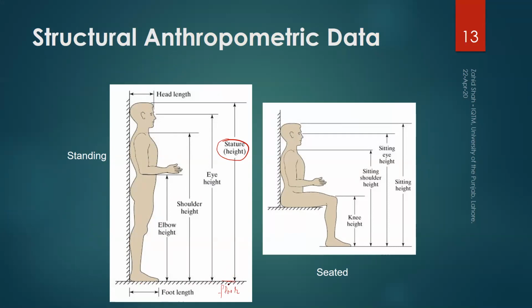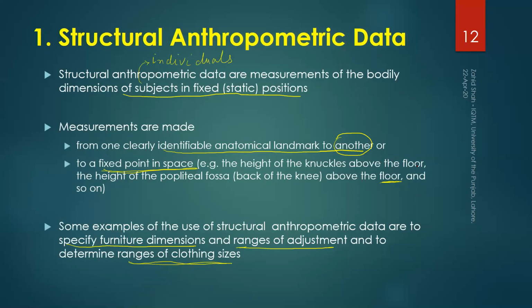So that is outside the body. So this height, or that is also called stature, eye height, shoulder height, elbow height, all are measured from some reference plane outside the body. So this second point here.